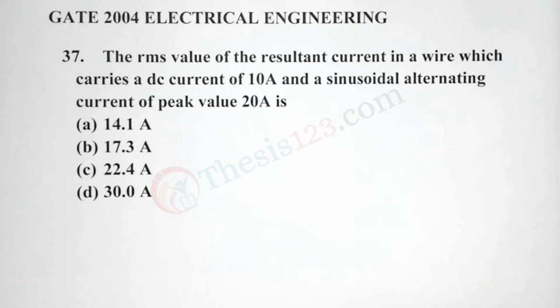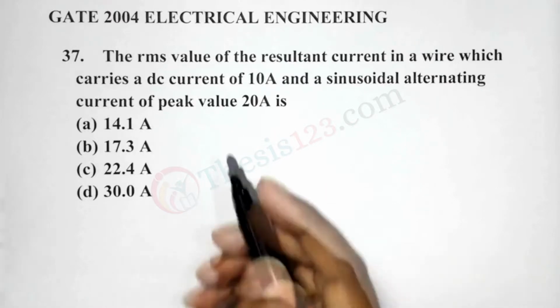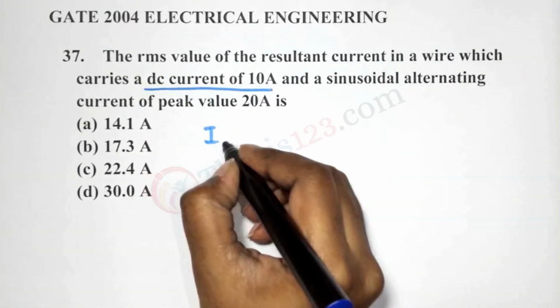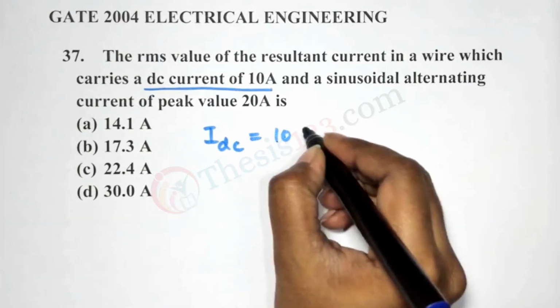Here's the next question, number 37. The RMS value of the resultant current in a wire which carries a DC current of 10 amps and a sinusoidal alternating current of peak value 20 amps is. Now, first let's write down the expressions given. We have the value of the DC current, IDC, given as 10 amps.